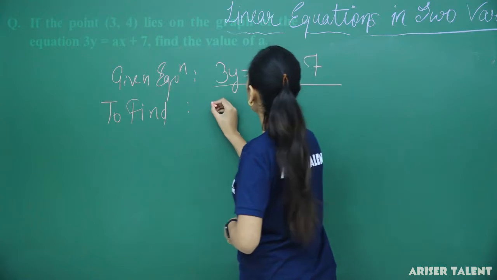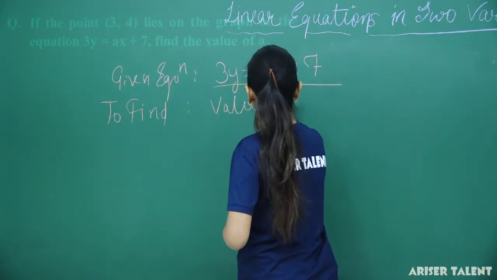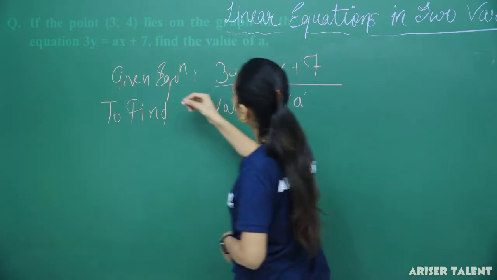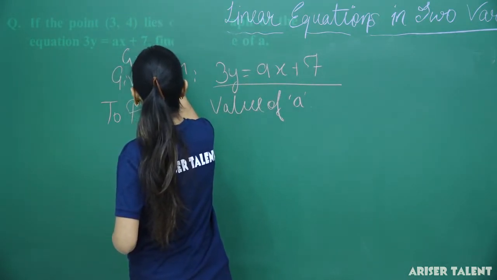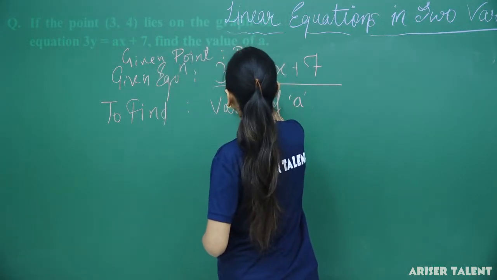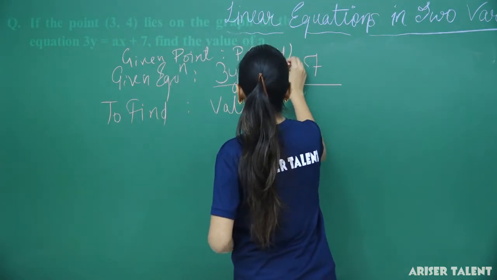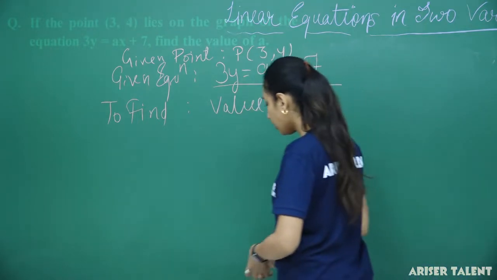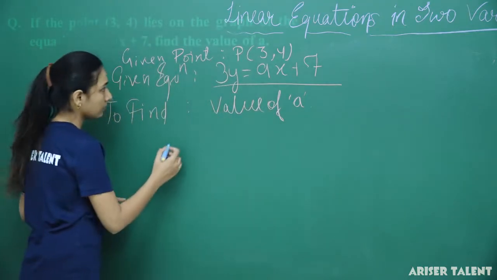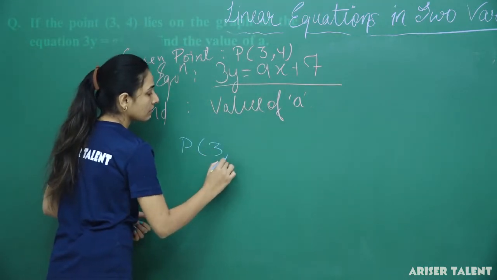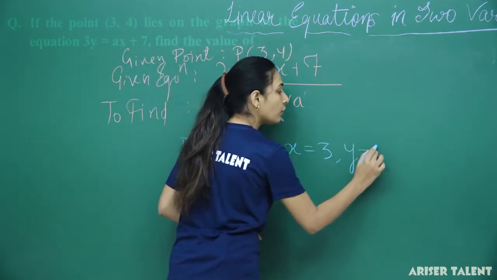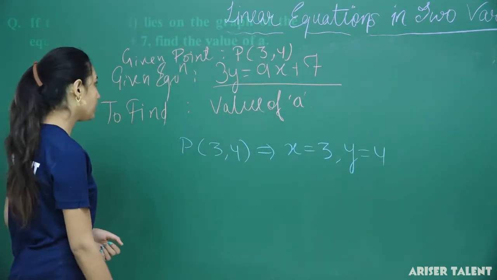Also, the given point is, let's suppose P is a point, (3, 4). That implies x = 3 and y = 4 at that point, right?